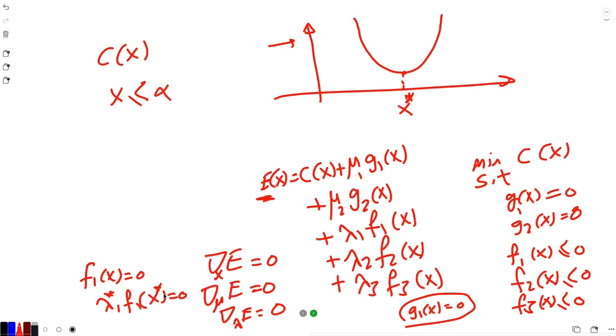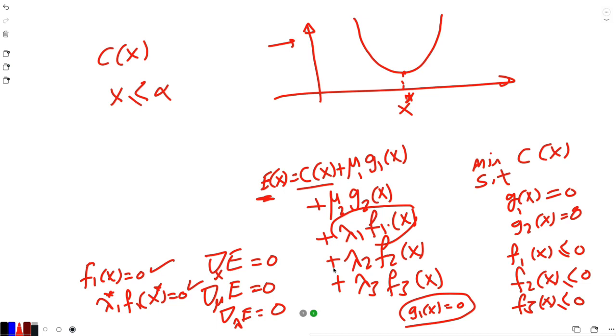Either you achieve f1 of x equal to 0, or if not, then you should put lambda 1 equal to 0, and then in that case the contribution of this value will also be 0. So actually, when you solve these equations, the result will be exactly as minimizing C of x, but at the same time achieving all these points together.